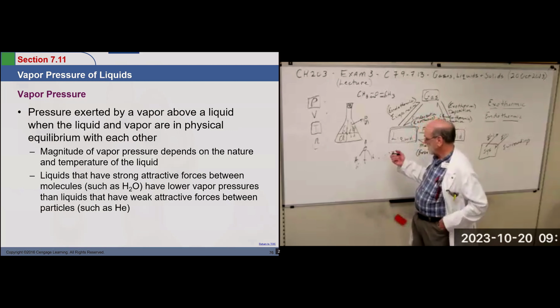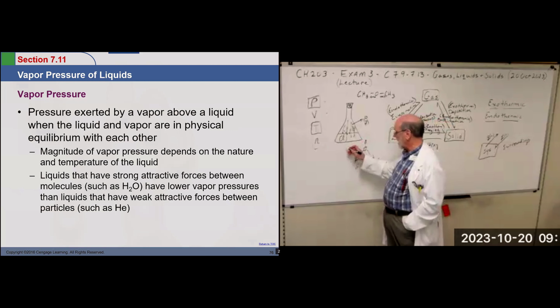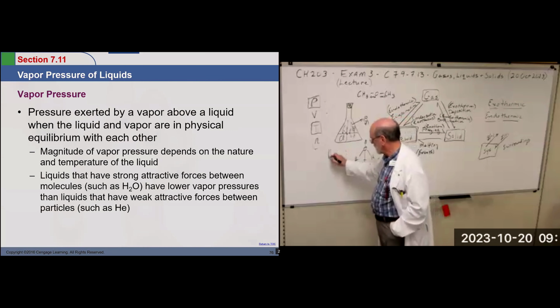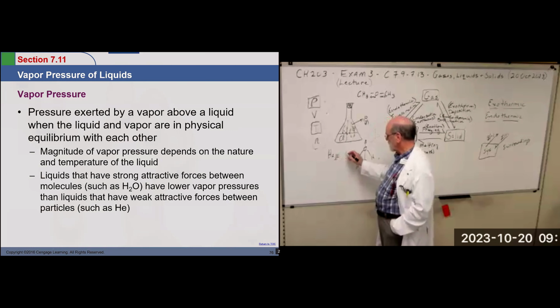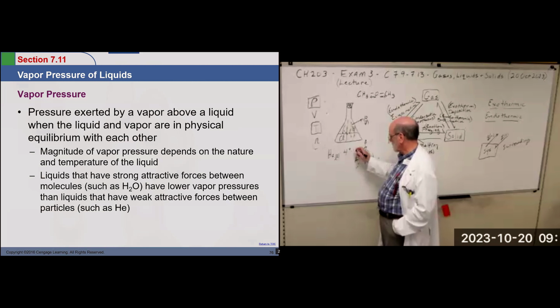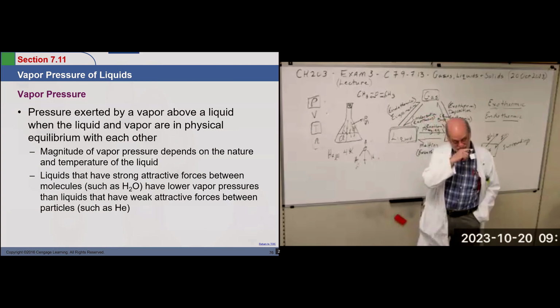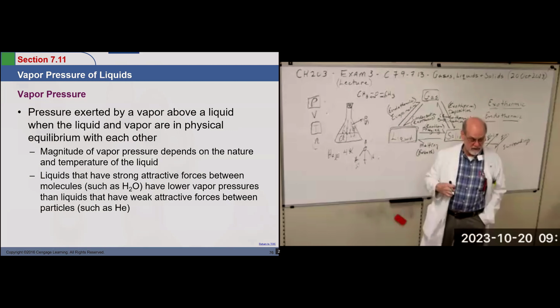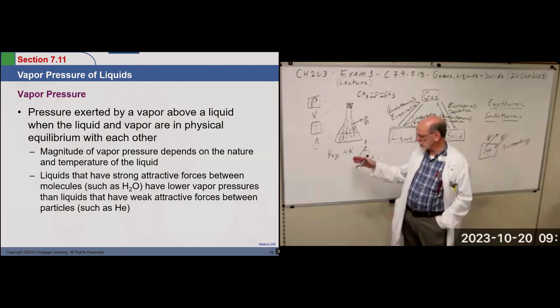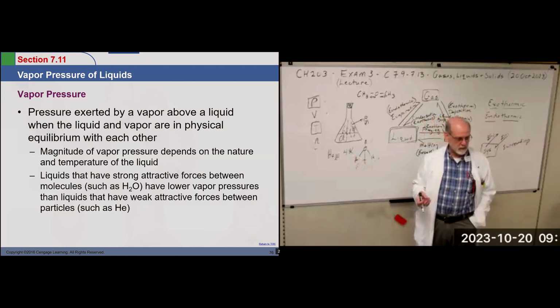Liquid helium is only liquid at, let's see, 4 K. Right? It's almost absolute zero. That's probably the coldest thing we can create in bulk, liquid helium.